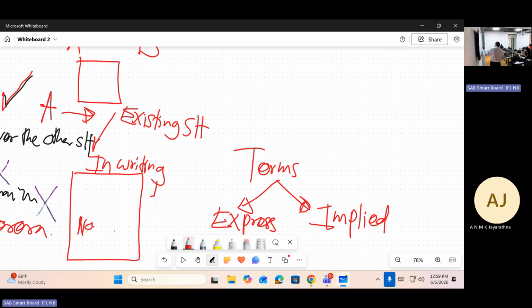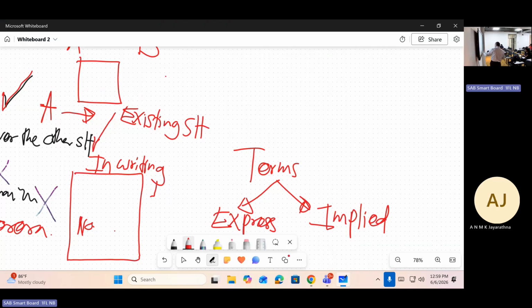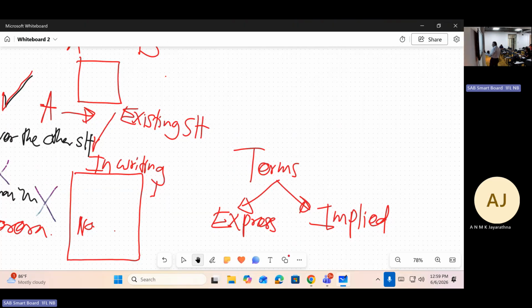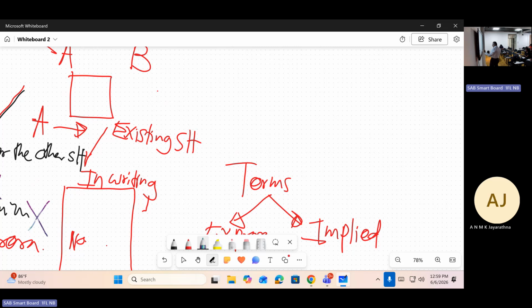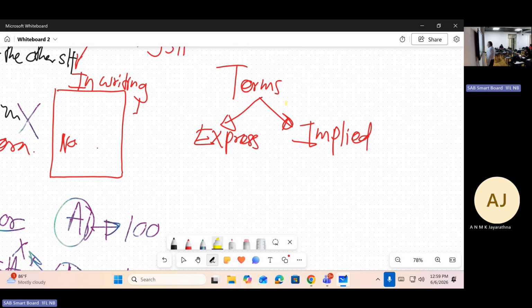What is the meaning of express terms? Express terms means terms agreed by the parties in writing. They are being treated as express terms.